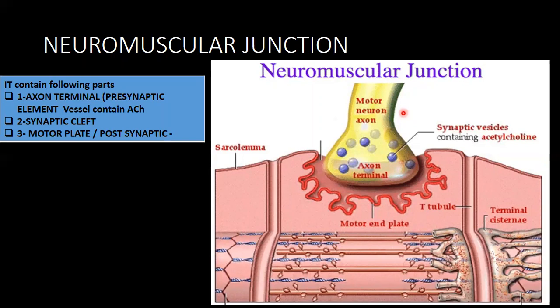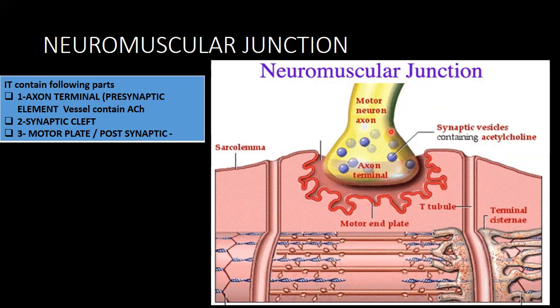Or we can say that the neuromuscular junction is the area where motor nerves get terminated on skeletal muscle fibers, and the action potential gets transmitted from nerves to the muscle.